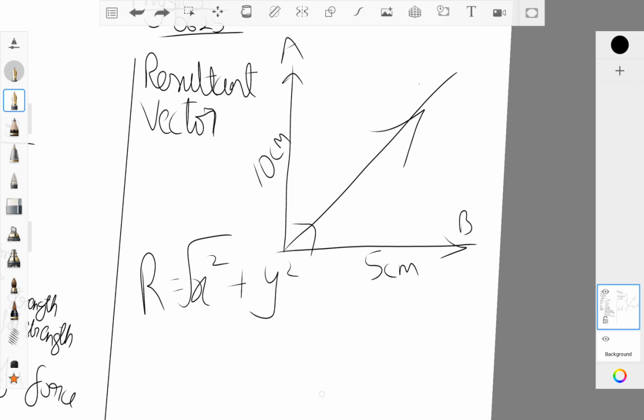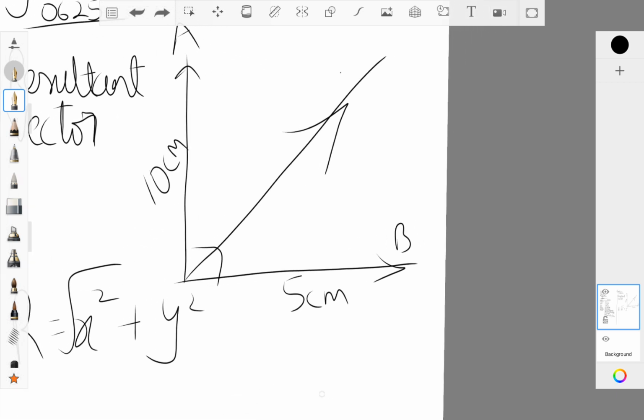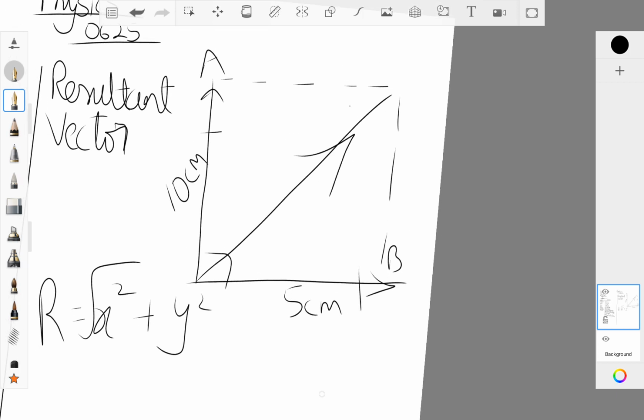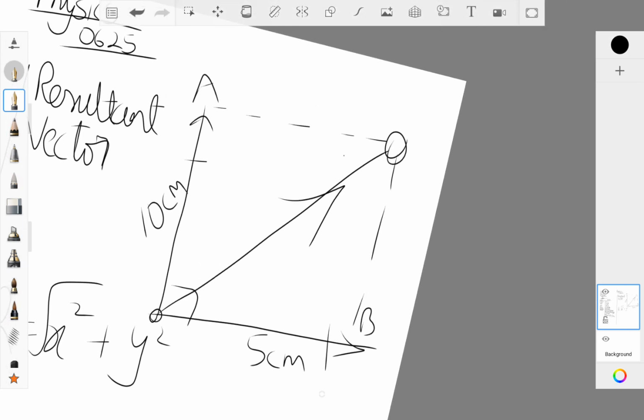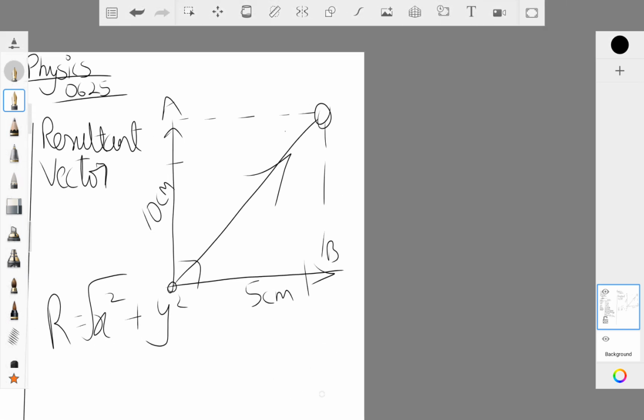You would then use the two lines to complete a rectangle. Once you draw these two lines, you could use dotted lines to essentially create a rectangle or a square. And once you do this, you just measure the length from this corner to this corner and you have the resultant vector. But that's not really a practical way of doing it, and it's easier to just use Pythagoras theorem.